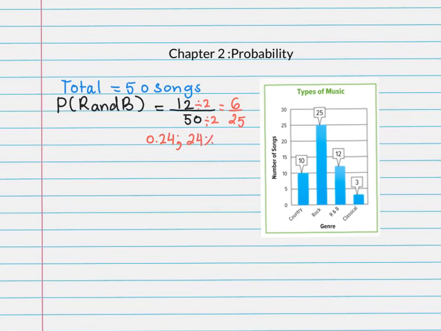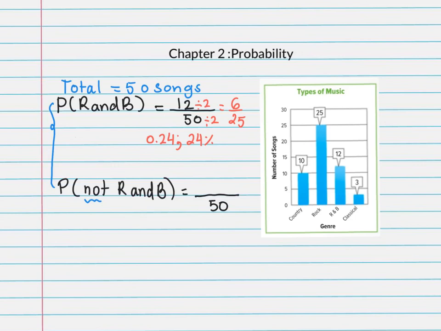Now what if I wrote the probability of not R&B? Remember, we have not here. So these two are considered to be complementary events. To find the probability, it's out of 50. This means we have to add all the types of music that are not R&B.